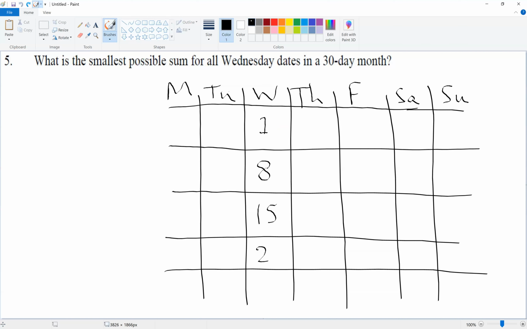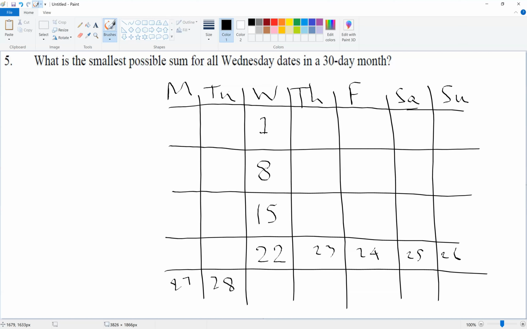All right, Isha. How many days does February have? 28, and 29 in a leap year. So it is possible to have 28 days, correct? Yeah. So it is possible to have a February which ends on Wednesday on the 28th, with 22nd, 23rd, 24th, 25th, 26th, 27th, and 28th, correct?